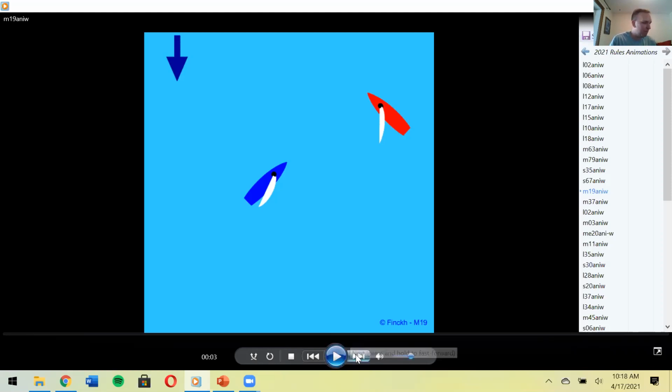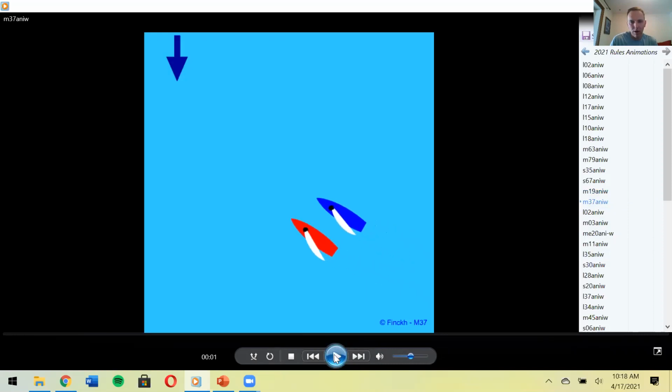So here we have both boats on starboard and they're overlapped. That means that red has right of way over blue. Blue has to keep clear. But they're far enough away from each other that they can just keep sailing straight.